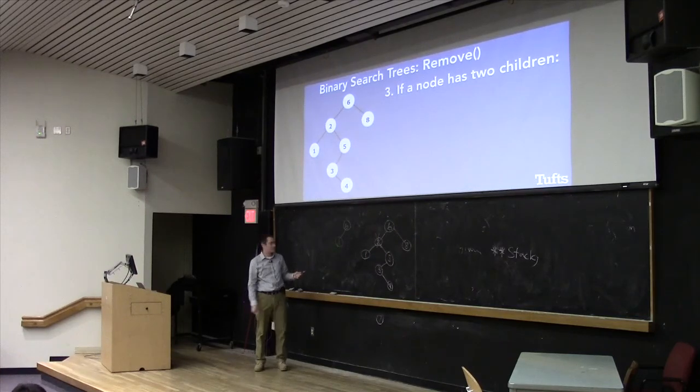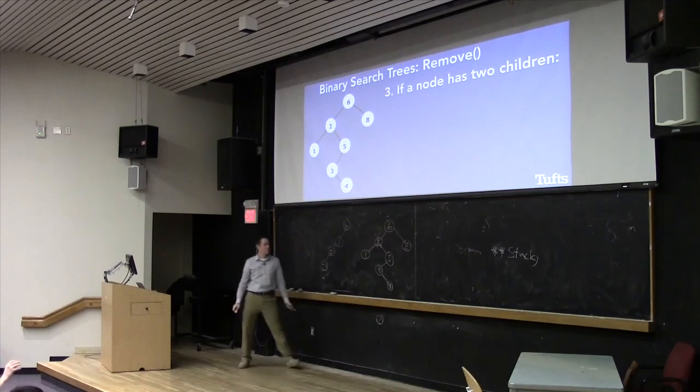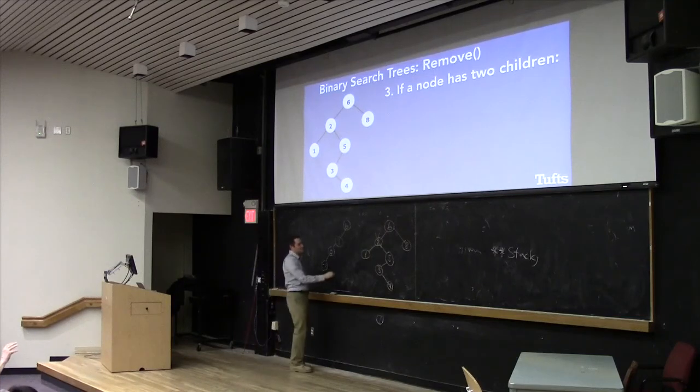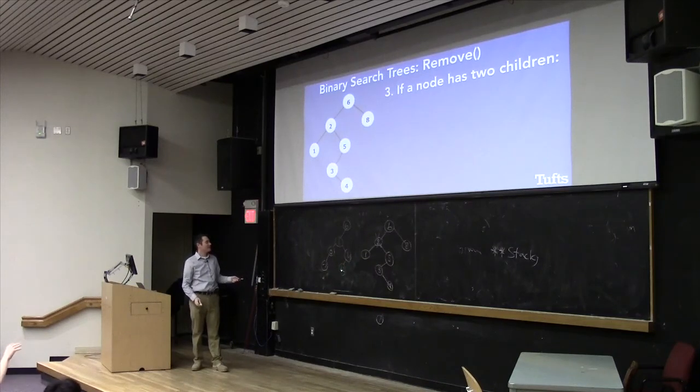Then what we want to do is, if it has a right pointer, take its right pointer's leftmost child and make that point to the left. Does that make sense? Where would 5 go? 5 gets pointed to by the replacement node's left pointer.